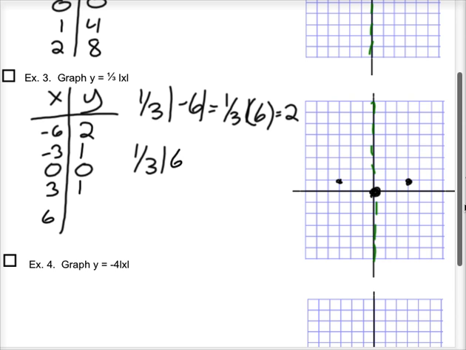Do the same thing for +6. Well, we know that taking the absolute value of a positive leaves it positive. So we end up getting 2 as well. So I'm going to plug in those 2 points. And again, with those, we can see that we have our shape. We're getting the V that we are supposed to. So I'm going to stop plotting points and make my arrows.